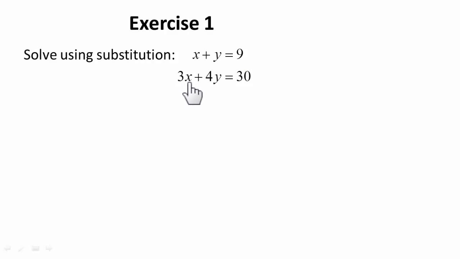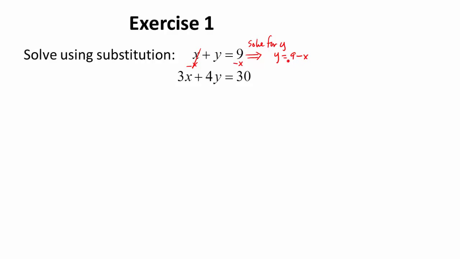So how about if we solve for y in terms of x first? Let's solve for y here. When you do that, you subtract x from both sides, so y is equal to 9 minus x.